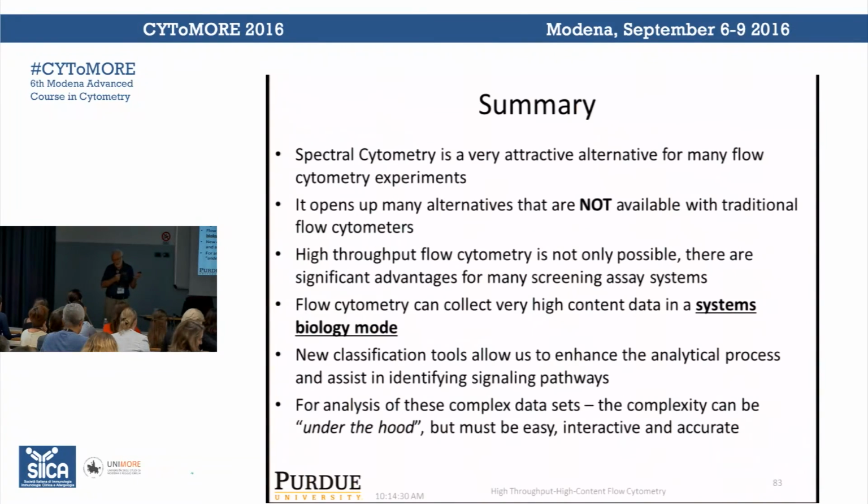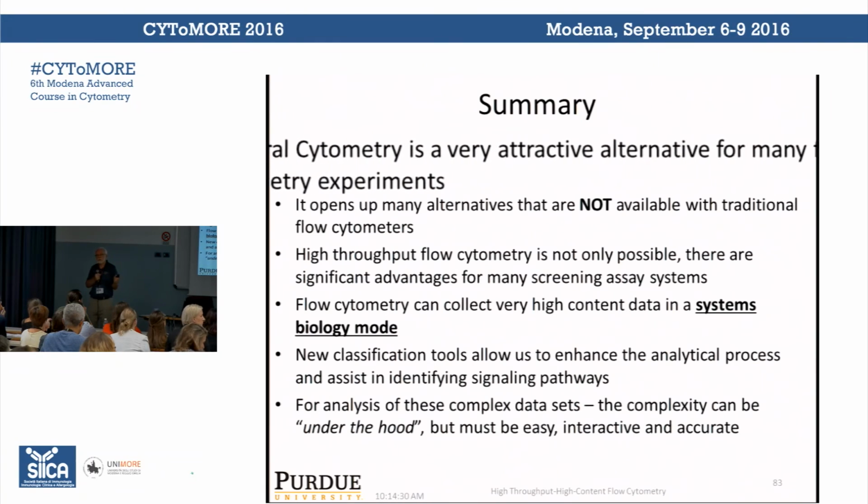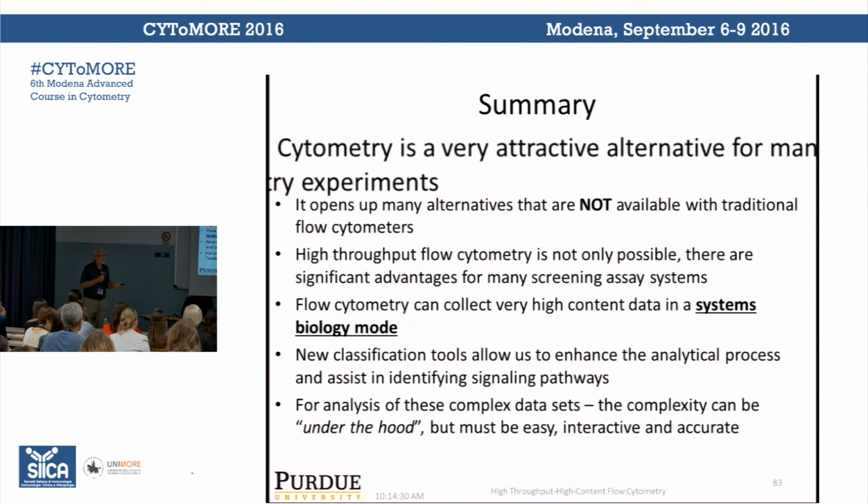So I've given you 2 opportunities, spectral analysis, and what I've suggested is that there are some alternative approaches that are unique to a spectral system. I didn't tell you that it's the best system in the world.